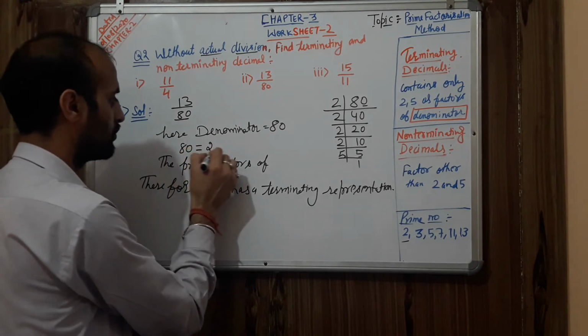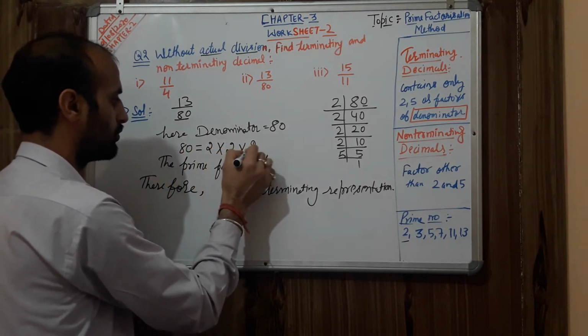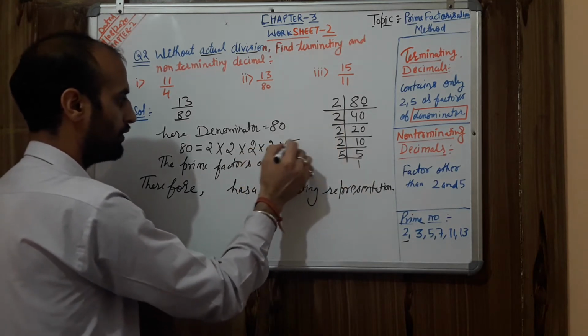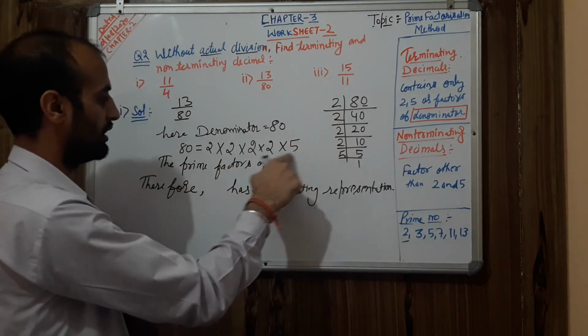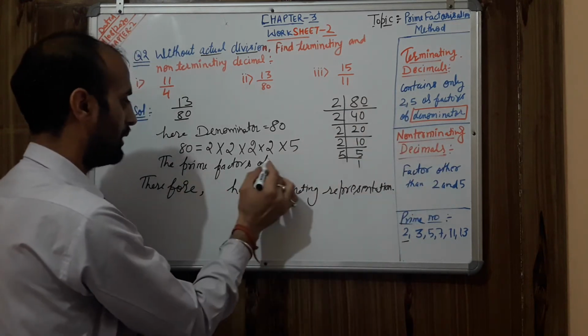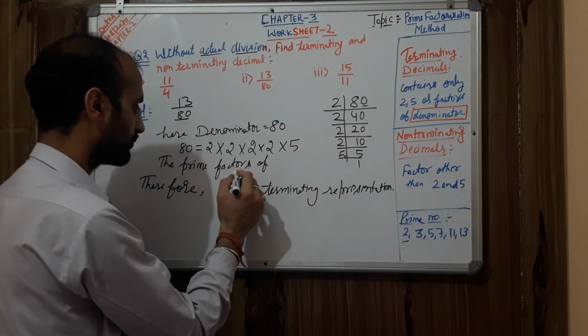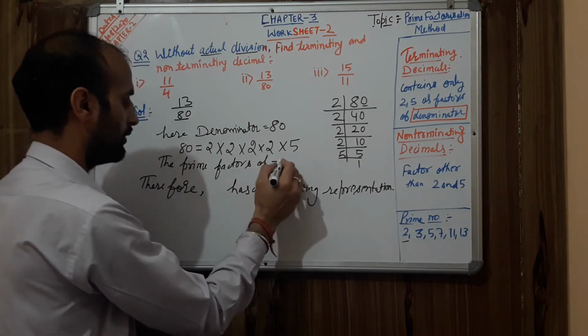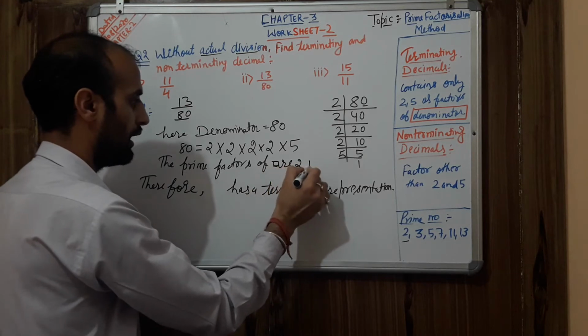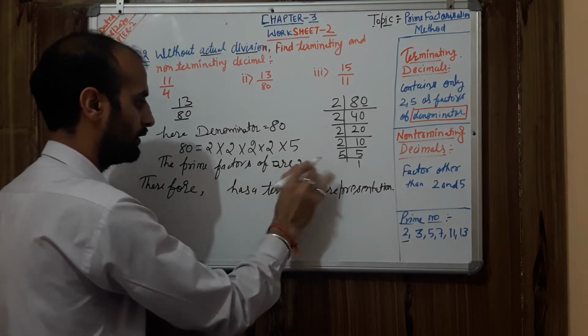So what are the factors of 80? 80 is equal to 2 into 2 into 2, 1 2 3 4 times 2, then 1 time 5. So you can see once again it is a combination of 2 and 5 in the denominator. So the prime factors of 80 are 2 and 5.